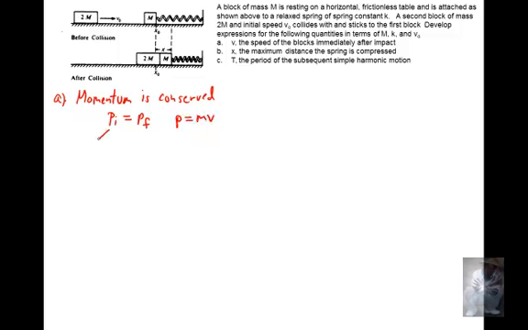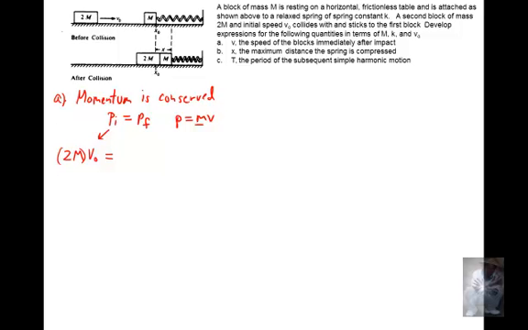If we look at the initial momentum, the mass is just the 2M mass because the 1M mass isn't moving yet, so we're not going to include its momentum. The 2M mass is the only one that's moving, and it's got a velocity of V initial. We don't need to include the other mass because it has no velocity, therefore it has no momentum.